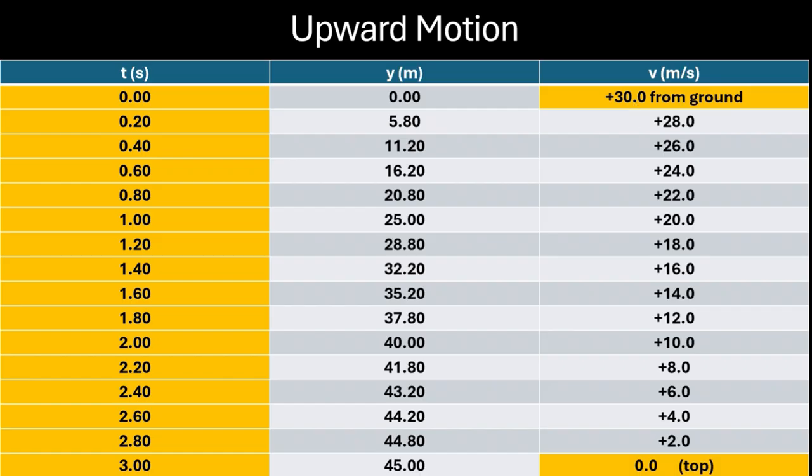For example, at the launch instant, displacement is zero because the object is still on the ground, and the launch velocity is 30 meter per second from the ground. Whereas when it is at the top, at time t equal to 3 seconds, the velocity is equal to zero. Why? Because the object is momentarily at rest, and the corresponding displacement is 45 meters.